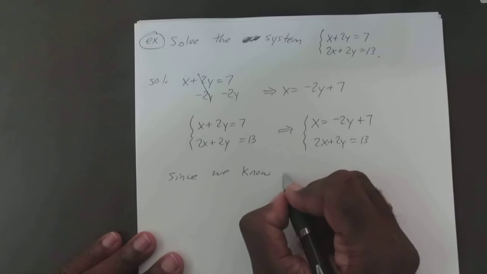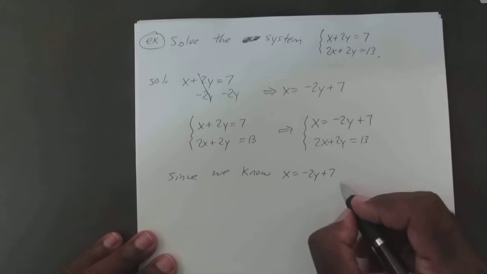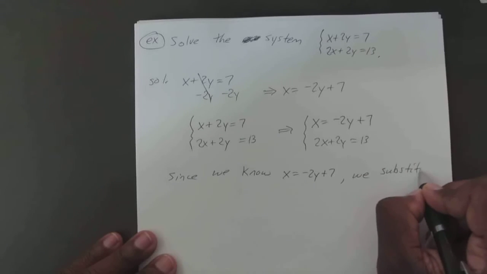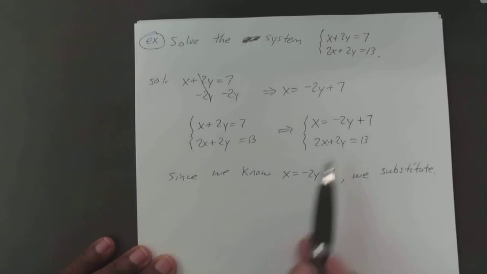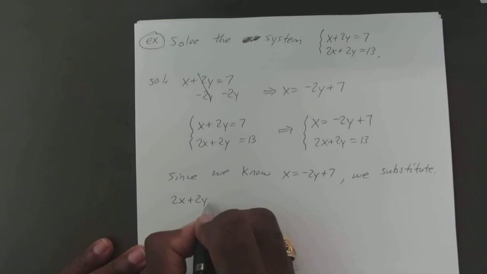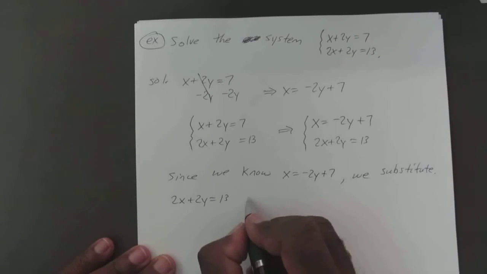Okay, so since we know that x is equal to negative 2y plus 7, you substitute. Okay, so that means 2x plus 2y equals 13. We can now replace that x.